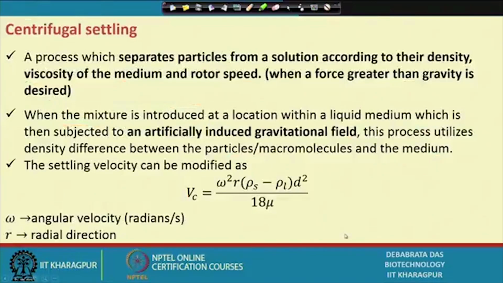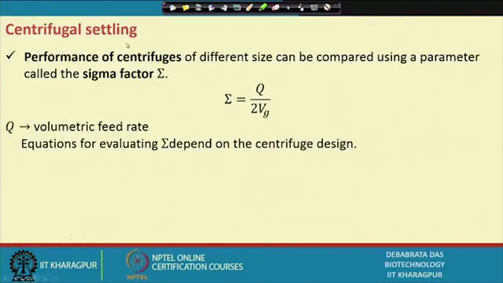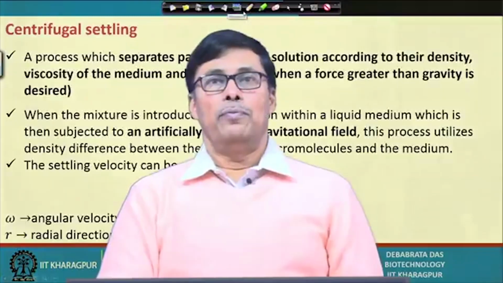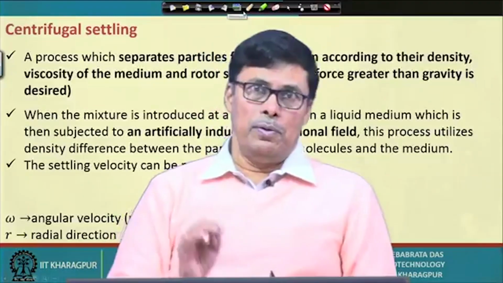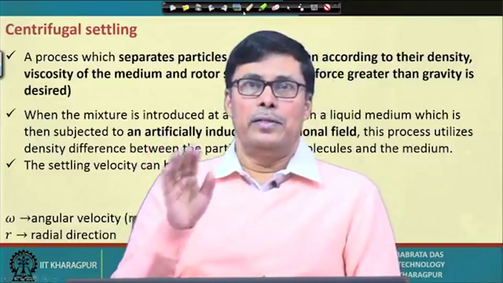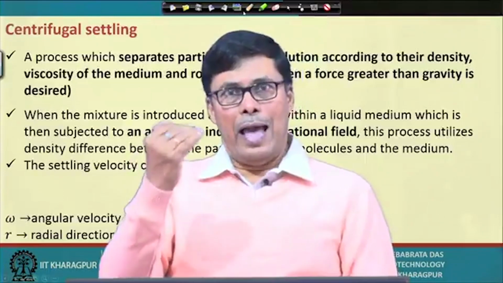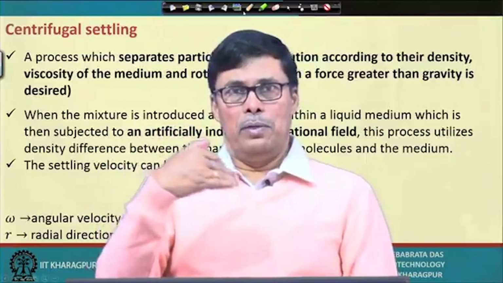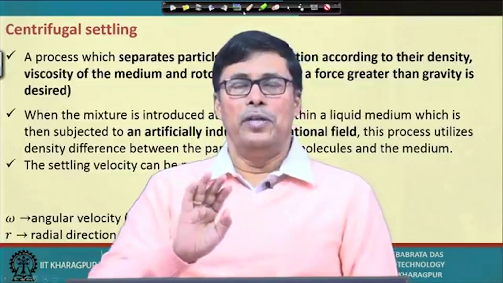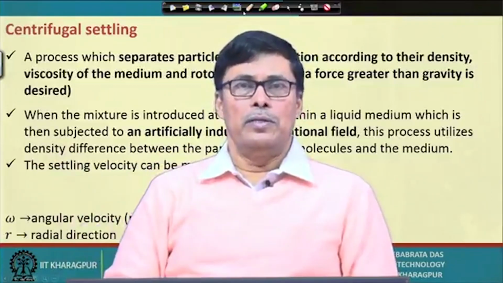Now in case of centrifugal settling, we have two types of forces acting on it. One is centrifugal and the other is centripetal. Centripetal acts towards the center, and centrifugal is towards the periphery.